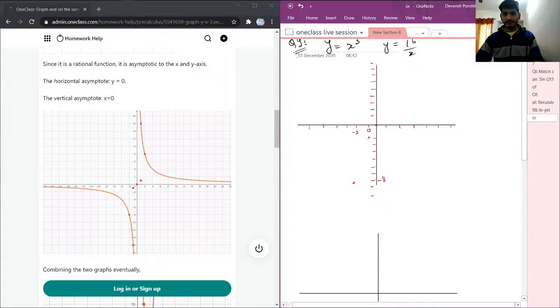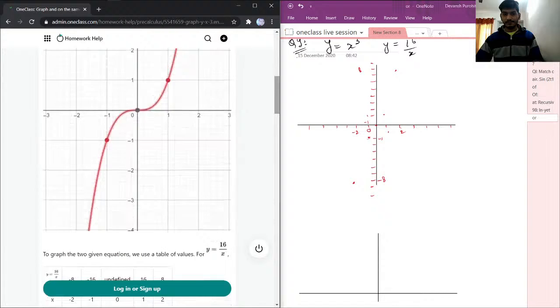So this is going to be another point. Then for 1, 1, for 2, 8, and it comes somewhere here. Now I'll just cross check.